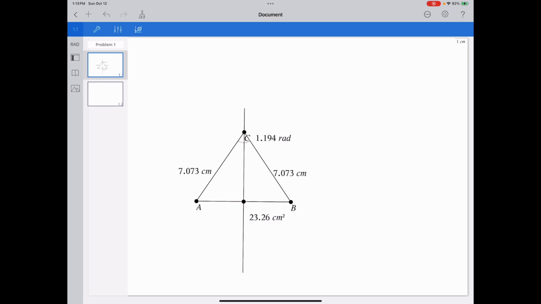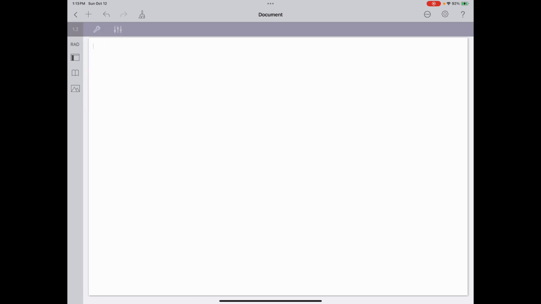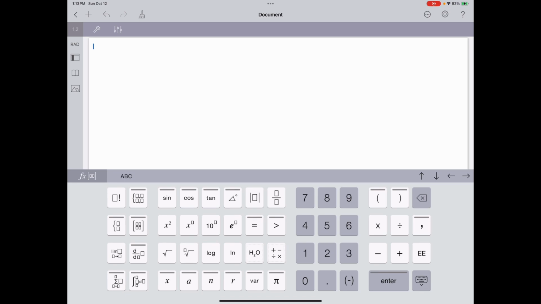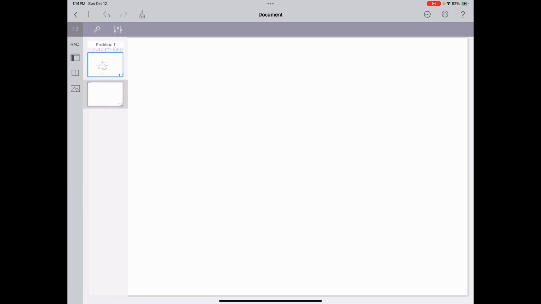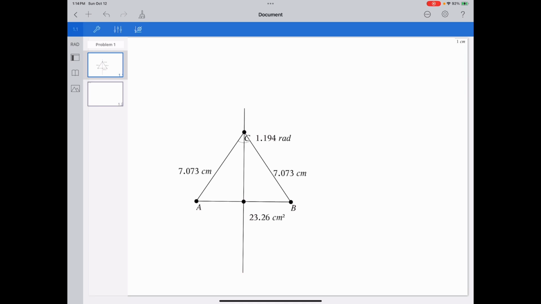So we'll come back down to the calculator. 7.073, and because that is s in our formula for the area of the triangle, we're going to square that, and then we're going to multiply it by the sine of that top angle, which we can remind ourselves here is 1.194 radians.